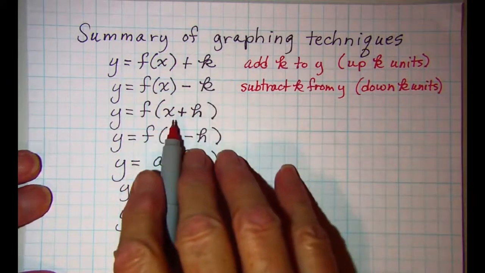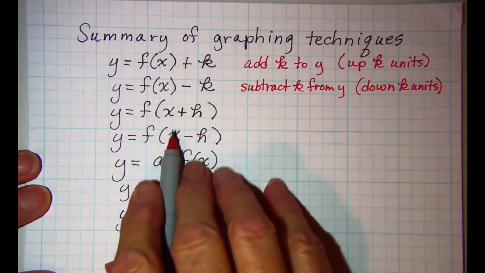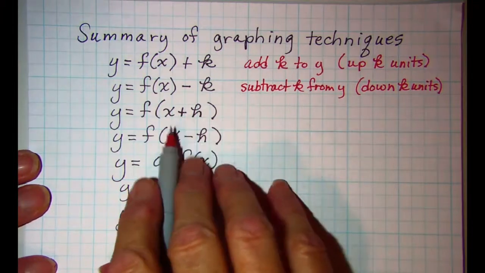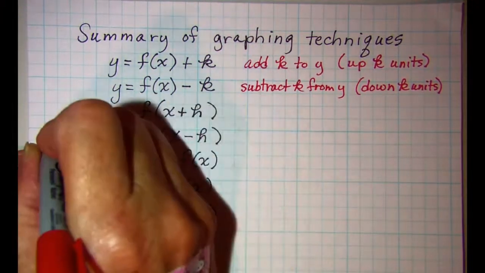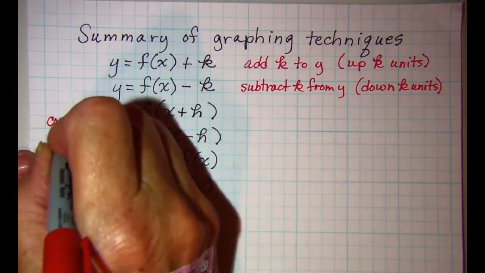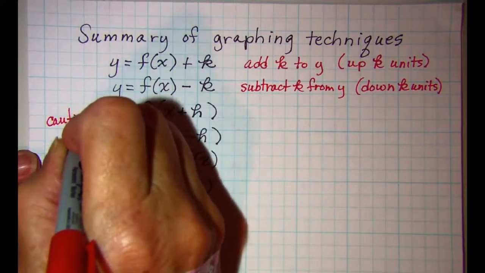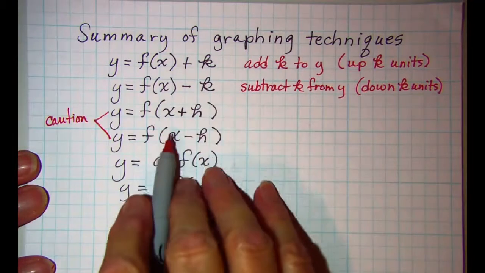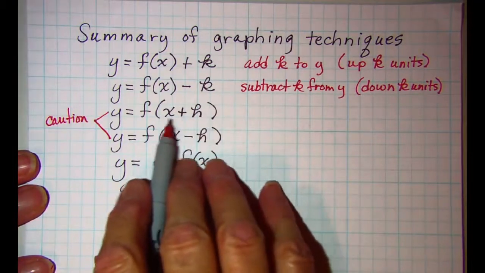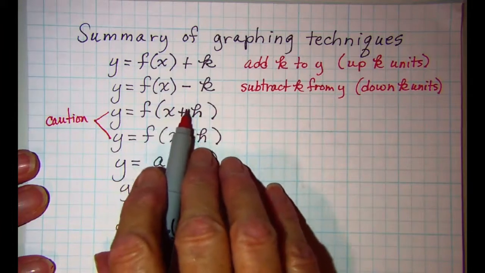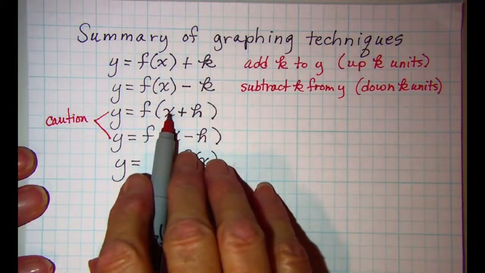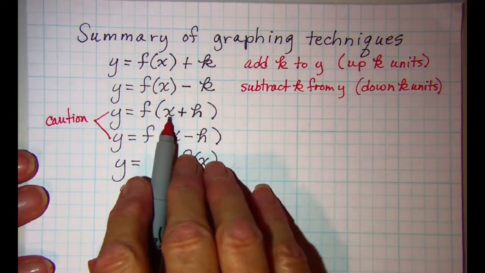Now remember, these two right here where we're doing something inside the function, those are the ones we have to be cautious about. And we have to ask ourselves, what will cause this to be a 0? So we can see that x equal negative h would cause this to be a 0.